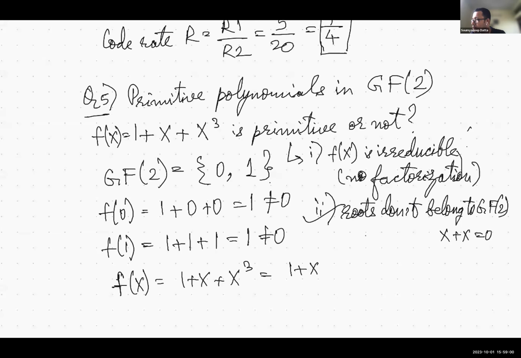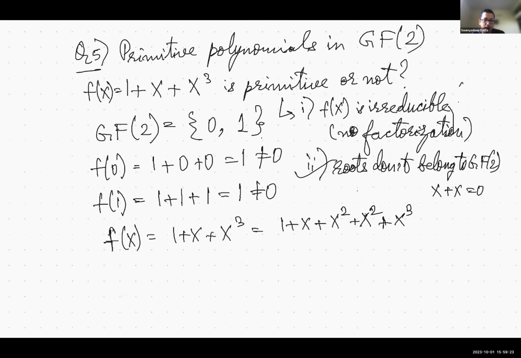This makes no difference, because we can always add x plus x, which is adding 0. Let us see if we can break this. It doesn't look like we can break this thing.